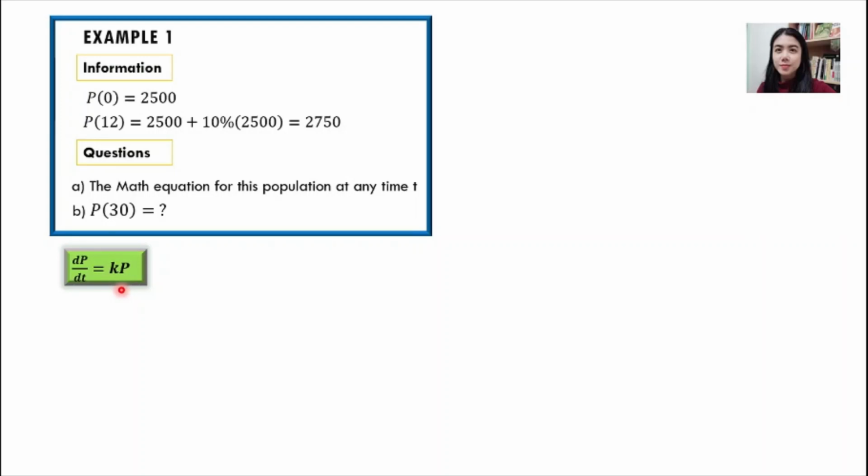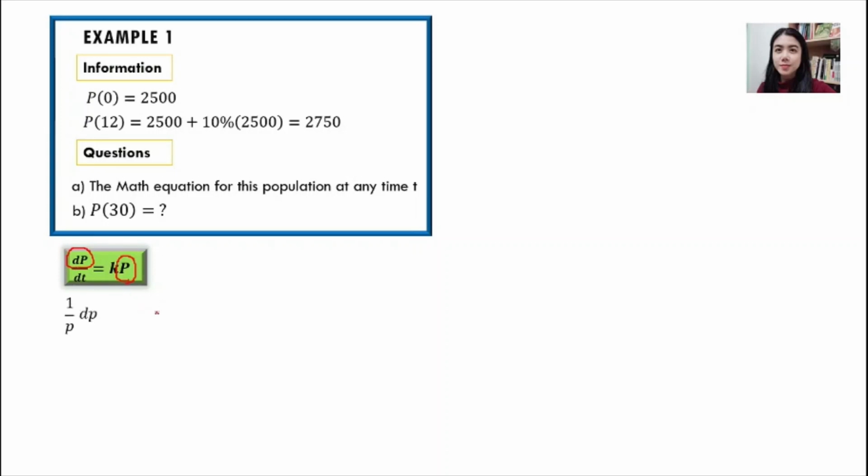We're going to bring the P to the left hand side so that it's together with the dP. What you observe here is the k and P are having a multiplication relationship. We'll bring it to the left hand side, it will become divide. So you will have 1 over P, and we're going to have the dP together at the left hand side.